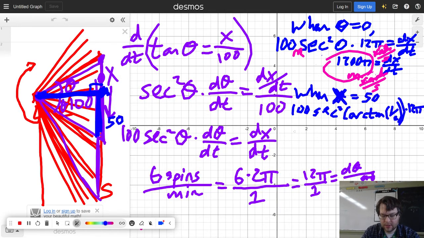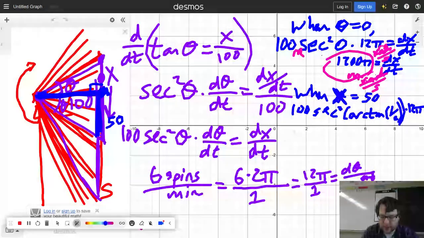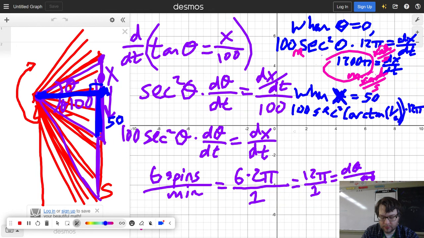So 100 times secant, so I'm going to go 1 over cosine of the arctan of a half. Make sure I close all those parentheses. And then it's secant squared, so I'm going to square that and multiply that by 12 pi.